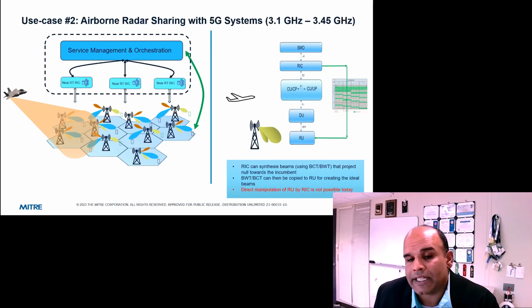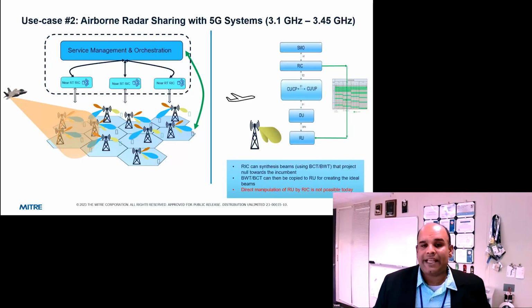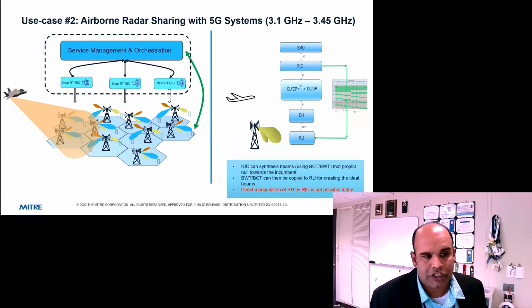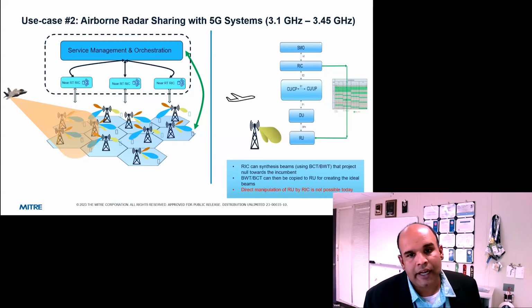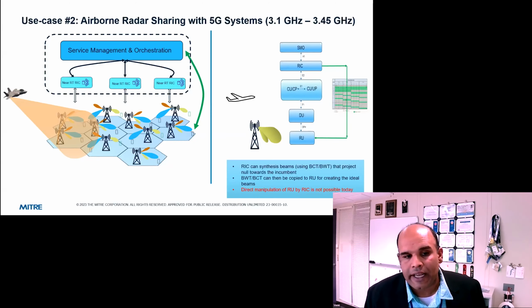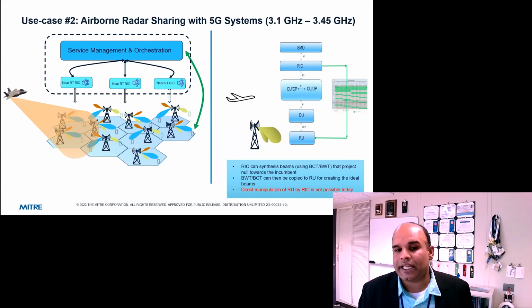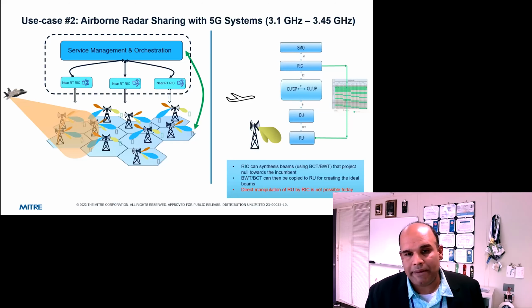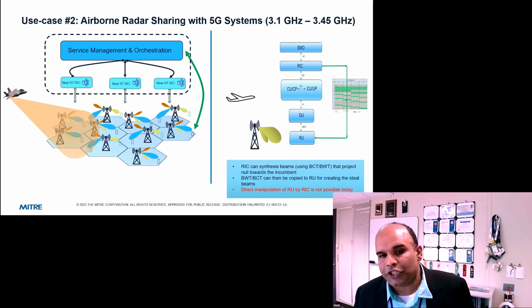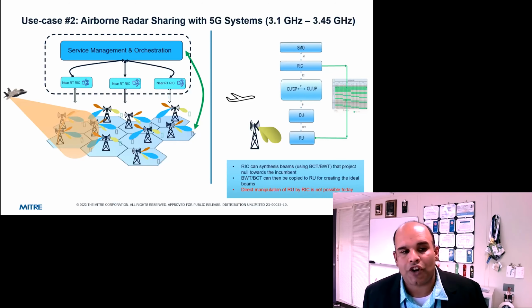If you look at the right-hand side, the SMO can get information about the presence of the aerial radar. And once we have the presence of the aerial radar, the RIC can now synthesize an ideal beam that is in such a way that it is providing all the requirements for the users, at the same time not causing any interference.